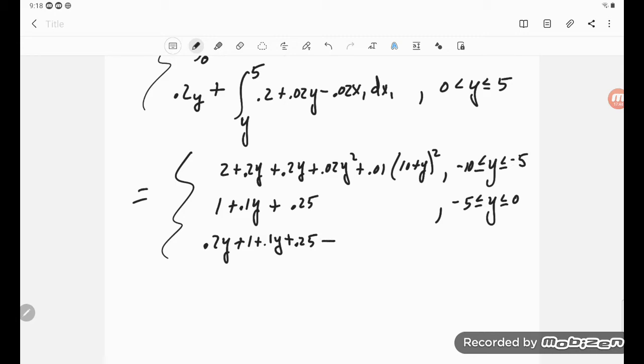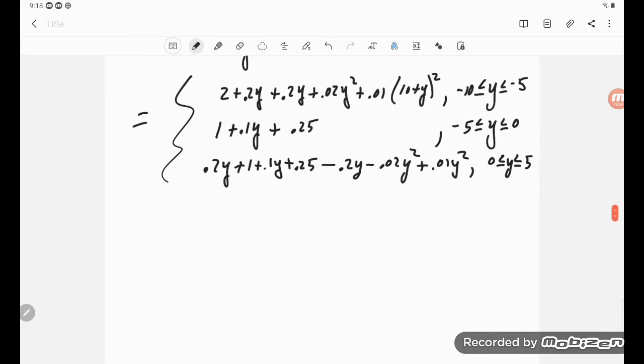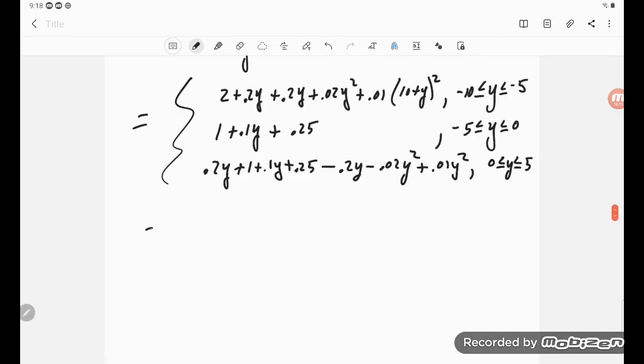And then minus putting y into there, so that's minus 0.2y minus 0.02y squared, and then plus 0.01y squared, and that's 0 less than or equal to y less than or equal to 5. Whew. So this is definitely a bit longer way than if you make that change of variable. Like I say, I really like that. That was nice.